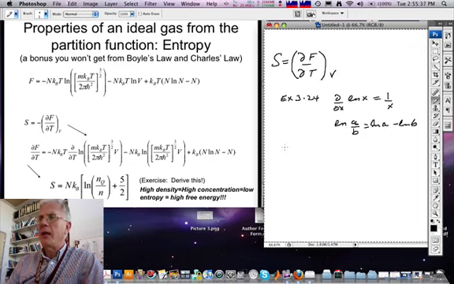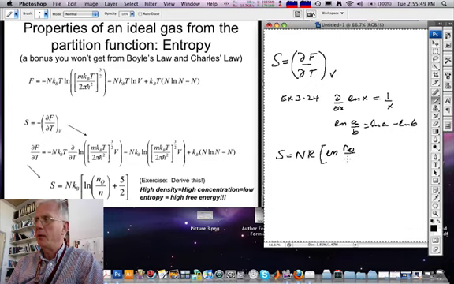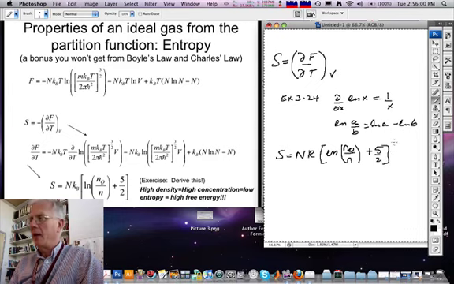Once you've done this, you'll end up with the expression at the bottom of the page, that S is Nk times the log of the ratio of the quantum concentration, so that's the quantum limit, divided by the actual concentration, plus this rather strange constant, 5/2, which actually comes from counting up all the N log N terms properly.